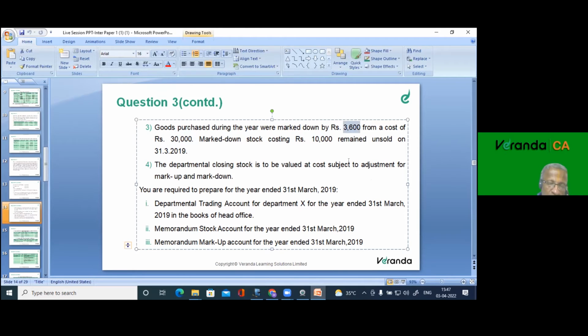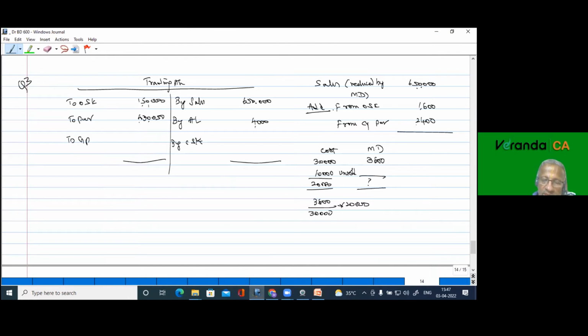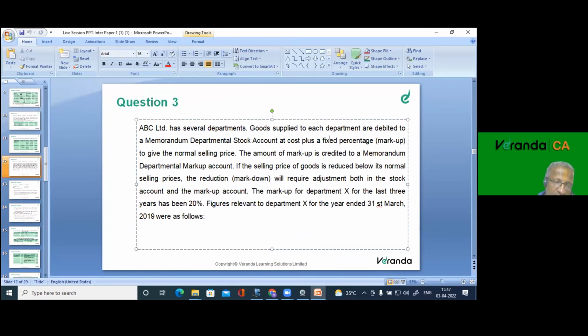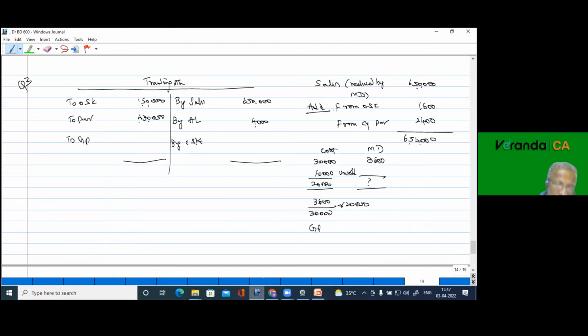Departmental closing stock is valued subject to adjustment for markup and markdown. That is what they mentioned. So it is 6,54,000, the normal figure. Then we all know that our gross profit is going to be 20% on cost, so 1/6 on 6,54,000. 6,54,000 divided by 6 gives 1,09,000.